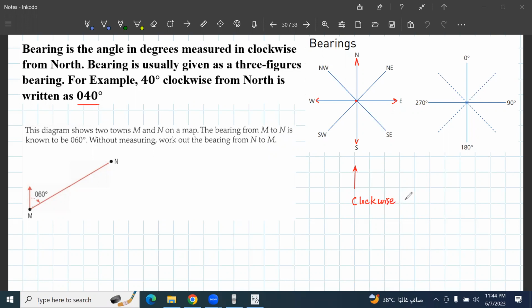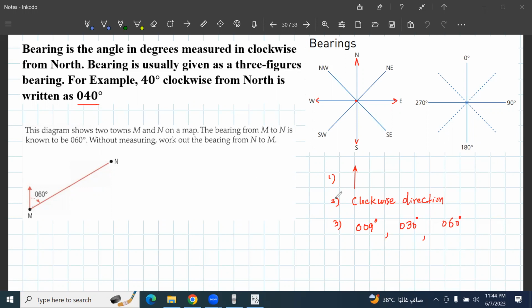The third point is the answer must be in three figures. For example, 040. If the bearing is 9, we write 009; if you have 30, then 030; if you have 60, then 060, meaning it must be in three figures.